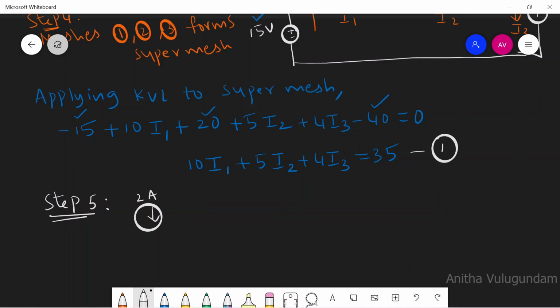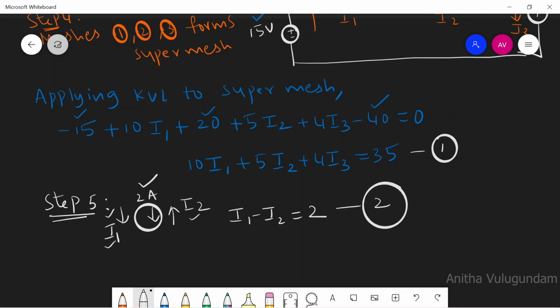The current which is flowing in the same direction as the 2 amps will be treated as greater current than the other current. So we can write the net current as I1 minus I2 equal to 2. Let it be equation number 2.